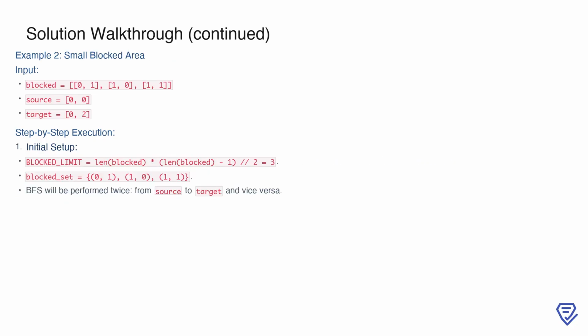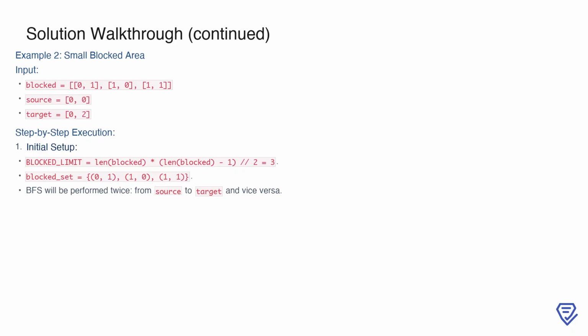Now, let's consider a scenario where the maze has a small blocked area. Here, the input specifies 3 blocked cells: 0, 1; 1, 0; and 1, 1. The source is at 0, 0, and the target is at 0, 2. To begin, the blocked_limit is calculated as 3, which represents the maximum area that the blocked cells can enclose.